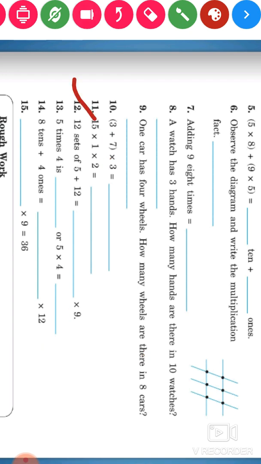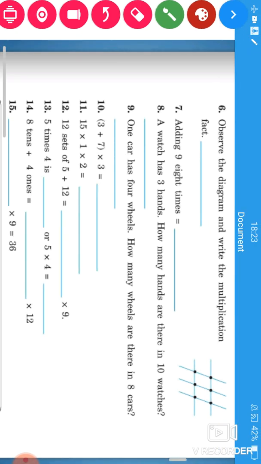Now question number 12. 12 sets of 5. Now read this question carefully. 12 sets of 5 plus 12 equal to how much? First we will find that, and then 12 sets of 5 plus 12 equal to dash into 9. So first we have to find out 12 sets of 5.